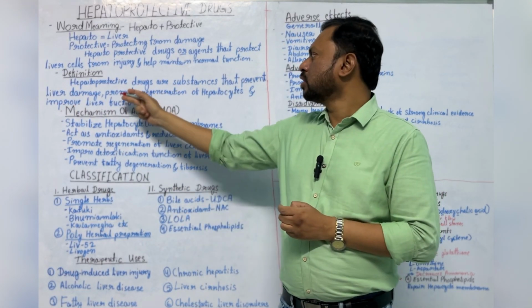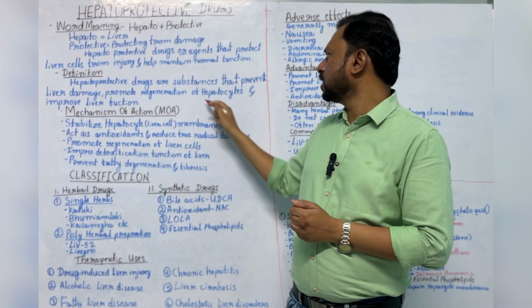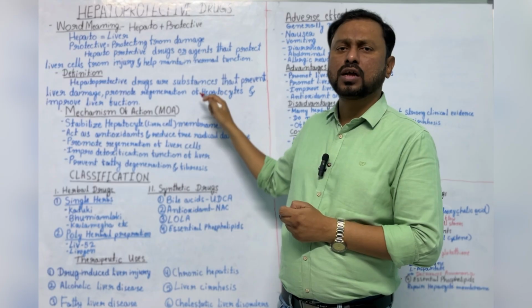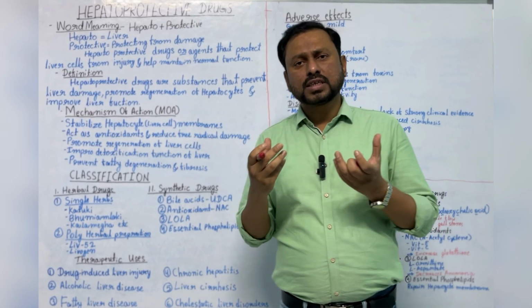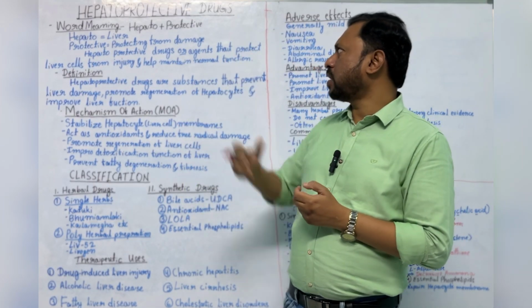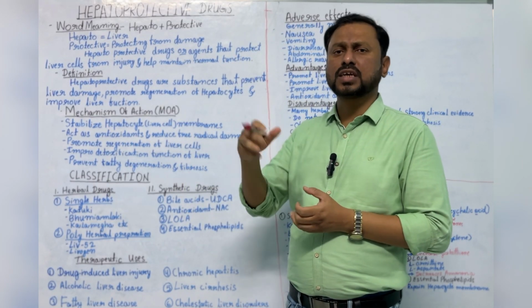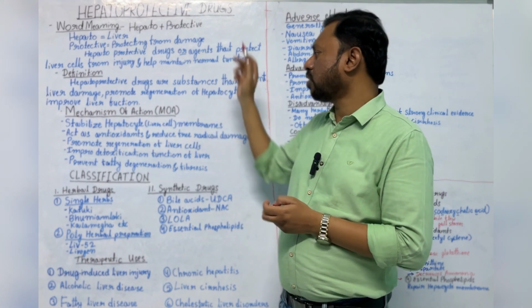Second one is to promote regeneration of the hepatocyte. Hepatocytes are nothing but the cells of the liver. The liver cells themselves become repaired. One of the powers of the liver is that it regenerates and repairs itself.